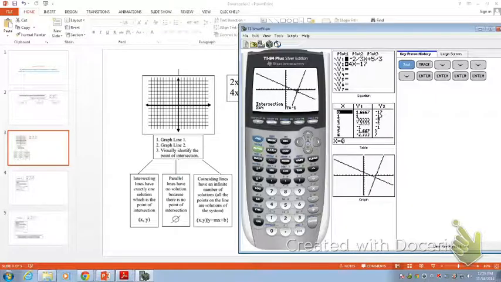We see that our intersection is occurring where x equals 4, y equals 1. So our point of intersection on the calculator is x equals 4, y equals 1. And you have solved your system.